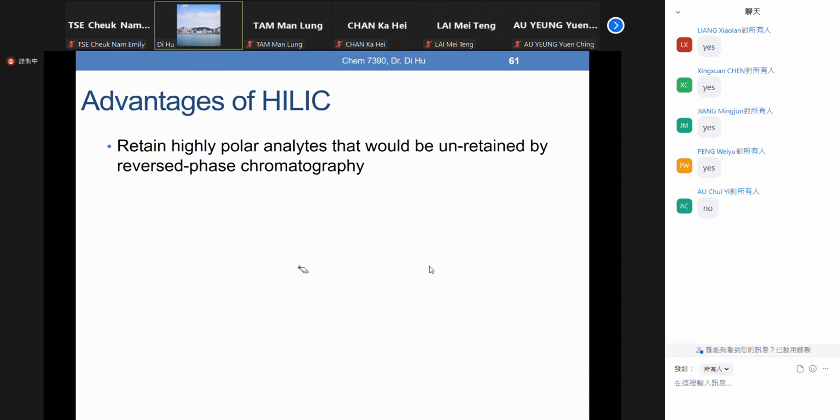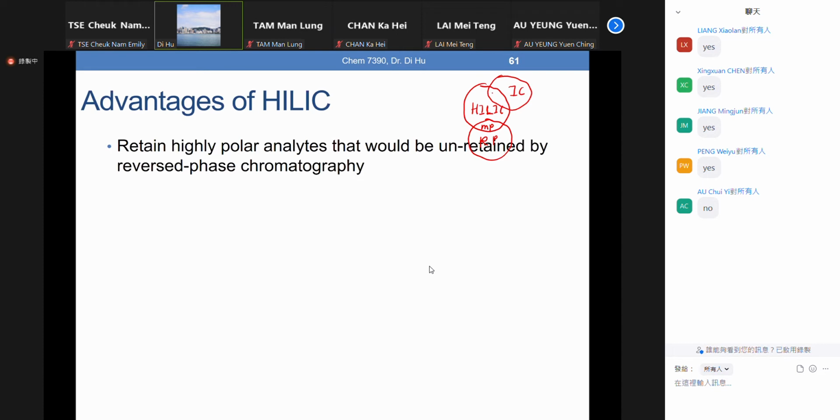Actually, HILIC shares several different aspects with different kinds of chromatography. What is the common thing between HILIC and reverse phase chromatography? They have pretty similar mobile phases, right? ACN, water, some buffer. How about the common things between HILIC and IC, ion chromatography?